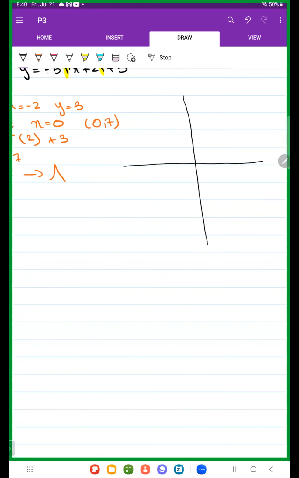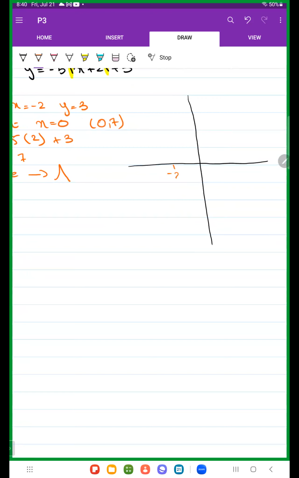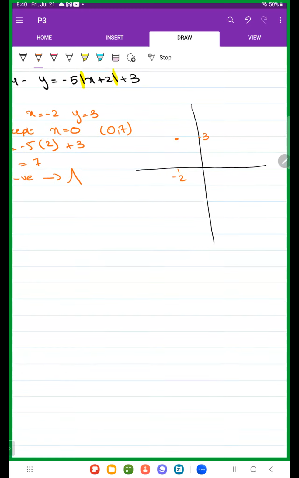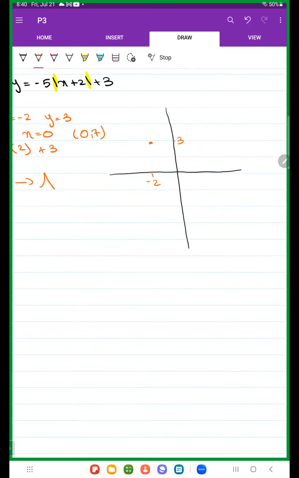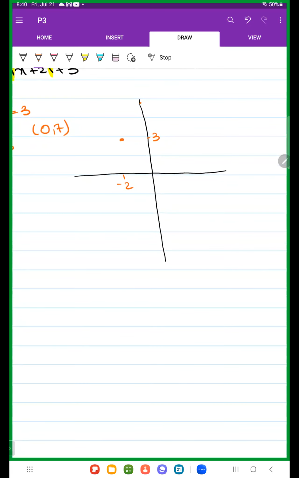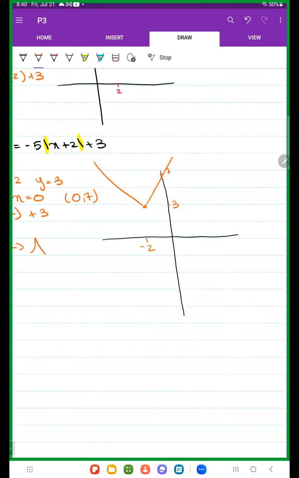Minus 2, 3, and 0, 7. Do you know why the shape is like this?